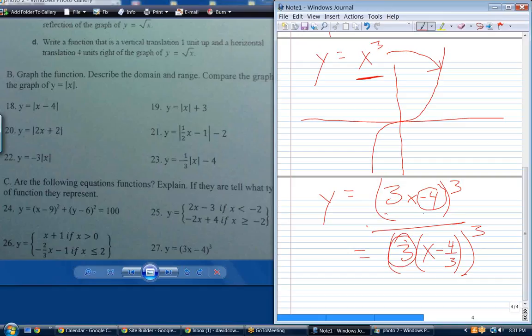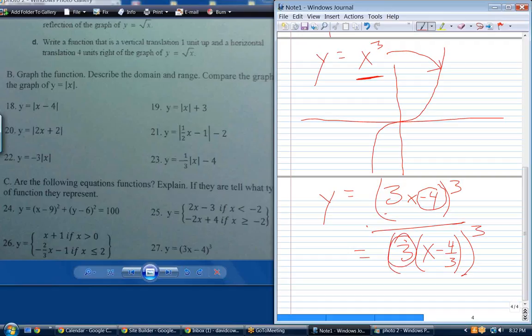This is inside what's being cubed, which means that it has the effect of a horizontal shrink. It's not a horizontal stretch. If the 3 was outside, it would be a vertical stretch.